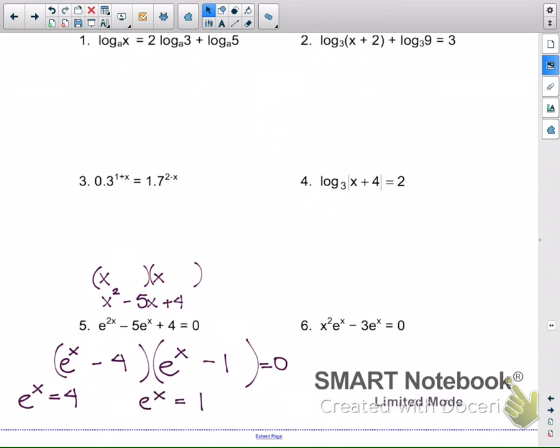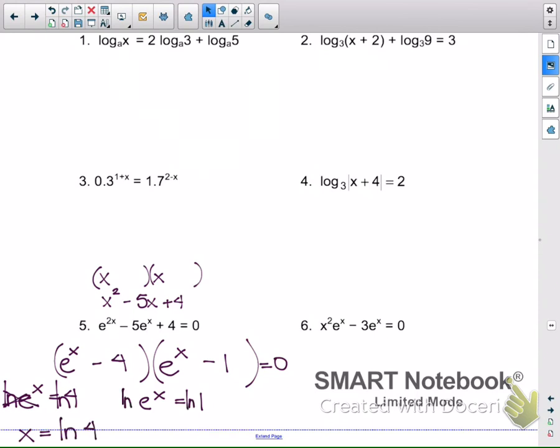You're still trying to solve for x. So in each one of those, what do you still have to get rid of? The base e. What's the opposite of base e? ln. If I do the ln here, I also do the ln here on both of them. Here it's going to cancel, which is just going to give me x equals ln 4.